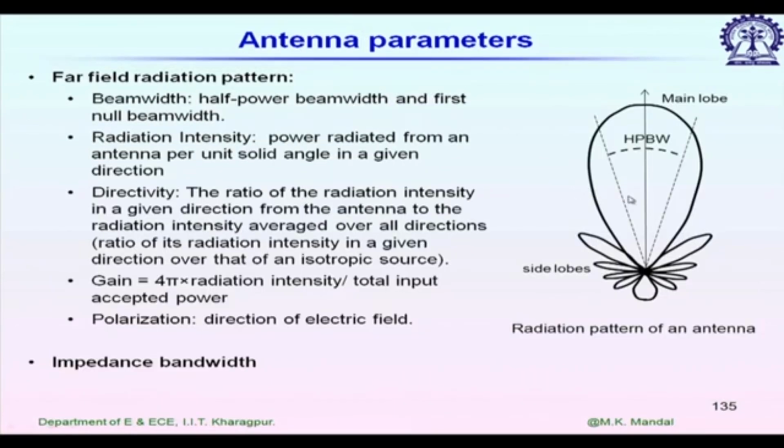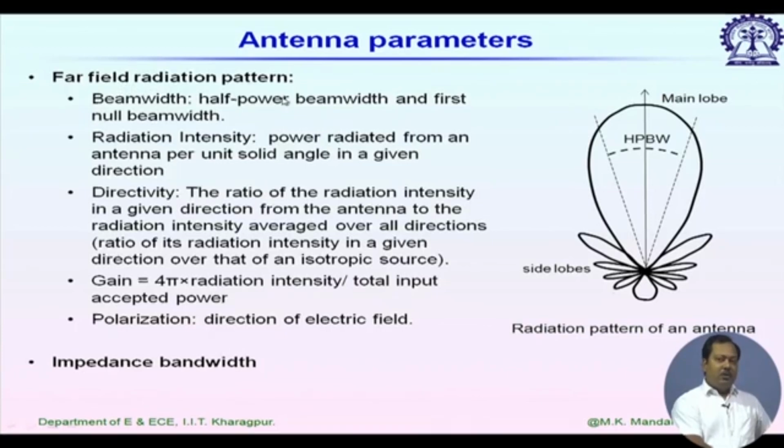Now, for general antenna structures we have to deal with many parameters. So, how do we define the characteristics of an antenna? There are several parameters, and we should know them first. The first important parameter is the far field radiation pattern.